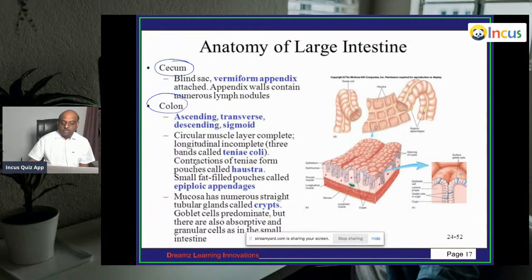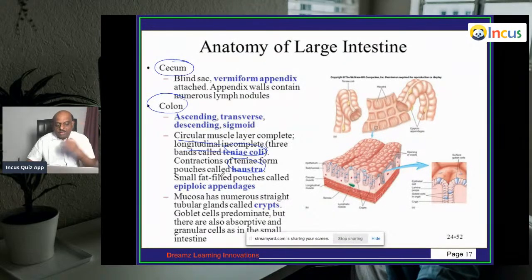If you look at the colon, the circular muscle layer is complete, the longitudinal is incomplete, leaving bands called taenia coli. And whenever there is contraction of this taenia, they form the pouches which are called haustra.